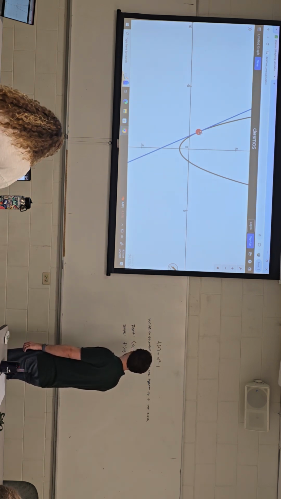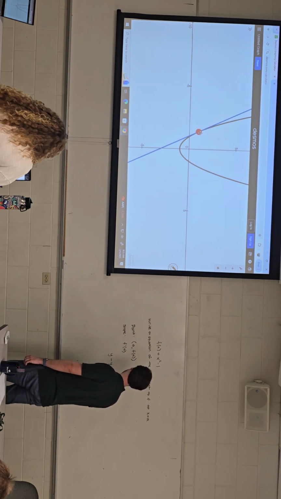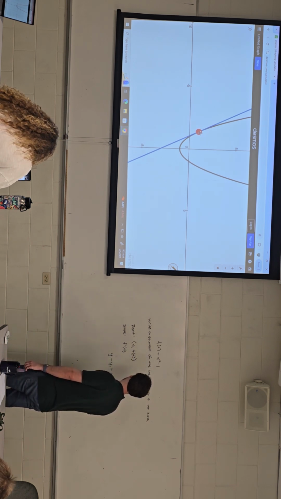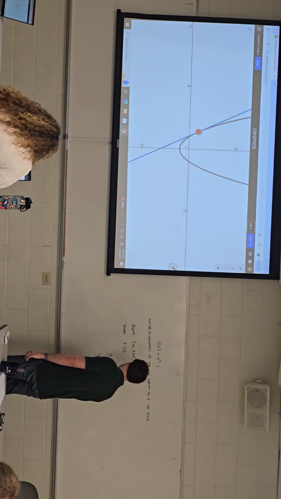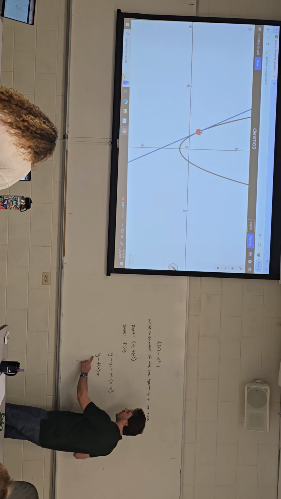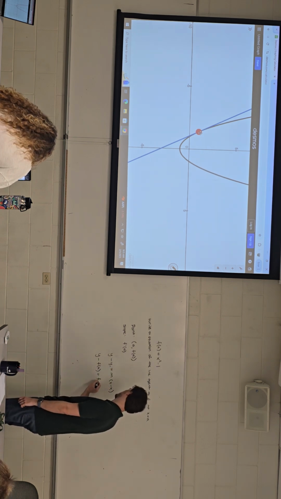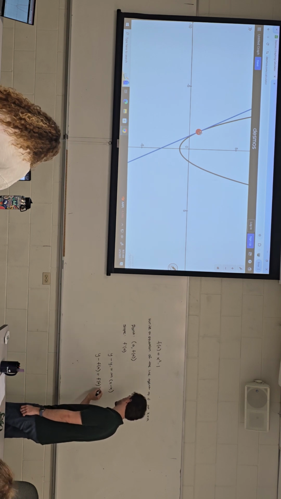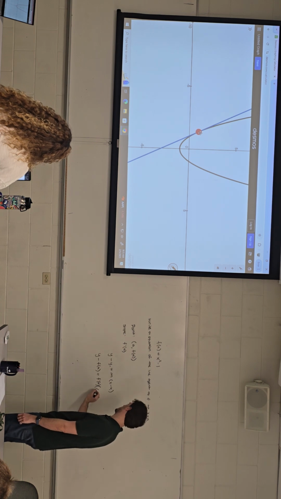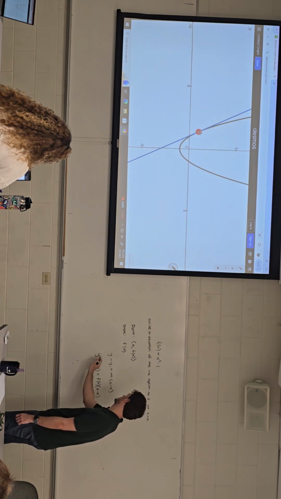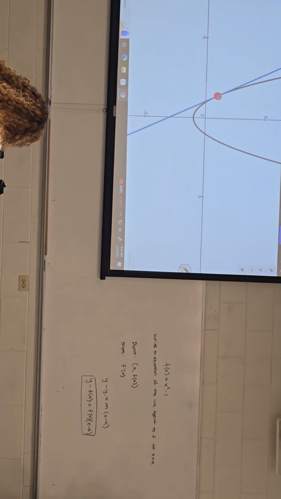So now I can do point slope, y minus y1 equals m times x minus x1. So I've got y minus the y coordinate is equal to the slope of f prime of a times x minus a.